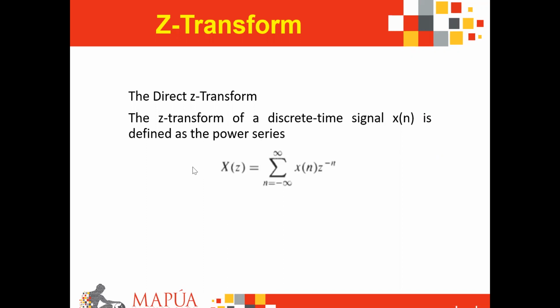Okay? So when you do the direct transform, maybe it's good to give an example. How do I directly apply the Z-transform? Pretty much like, for example, you have x of n, limited, it's finite. Here is my zero.